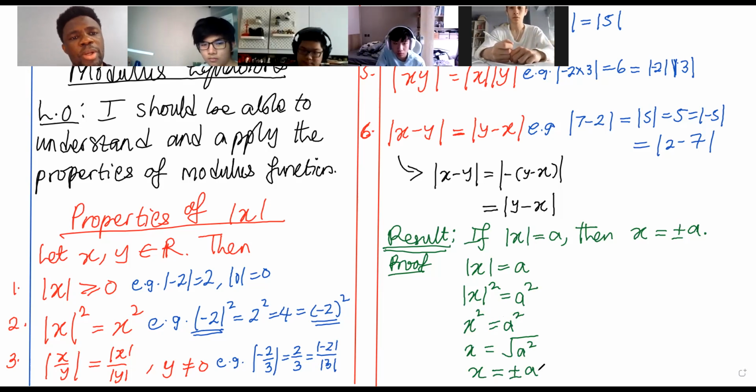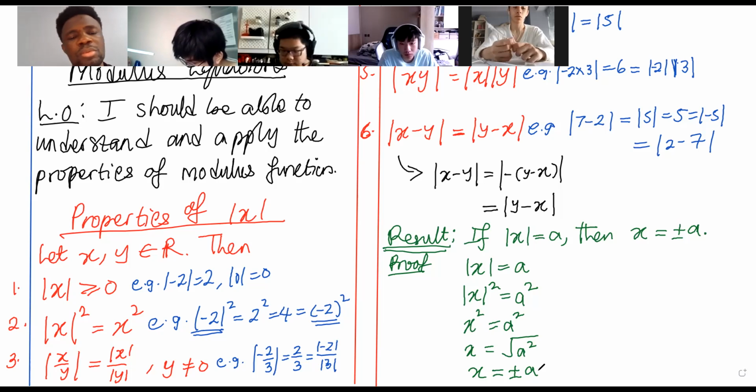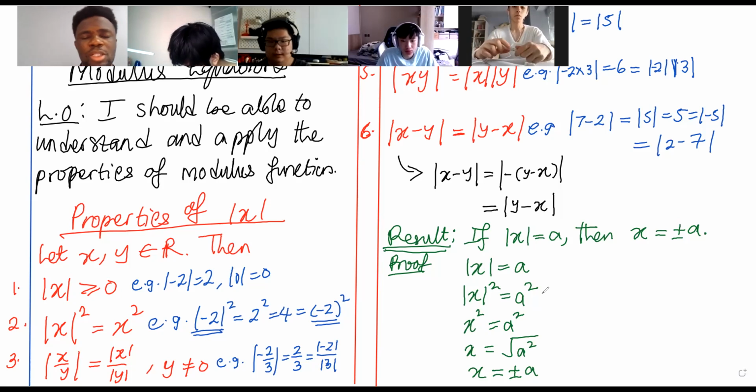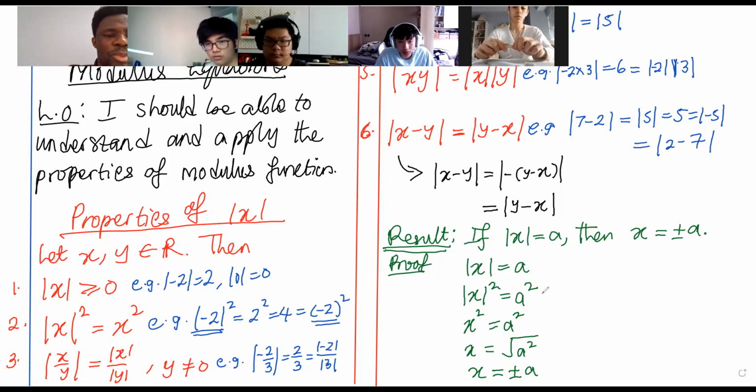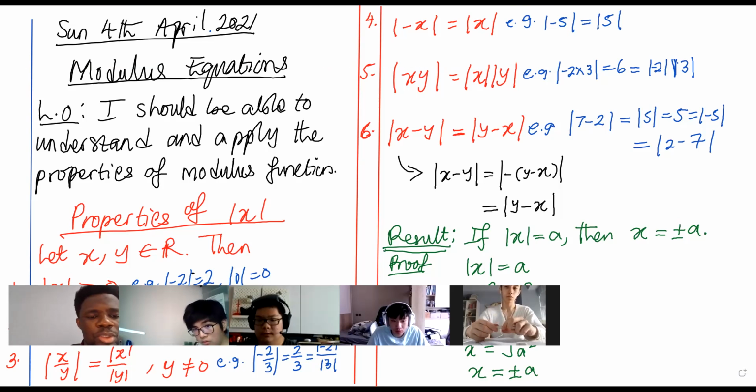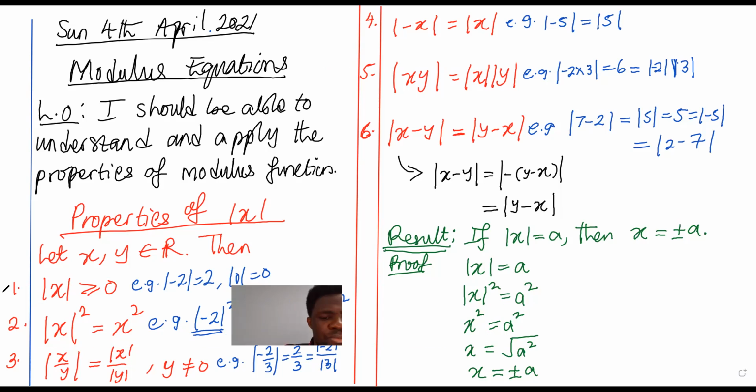So when we are solving equations, we will need to square both sides at some point. If you square your absolute value, you remember this property too. If one side is not an absolute value, you can actually use this result. So there are 2 things we need to take away from here. We'll consider it in questions very soon.